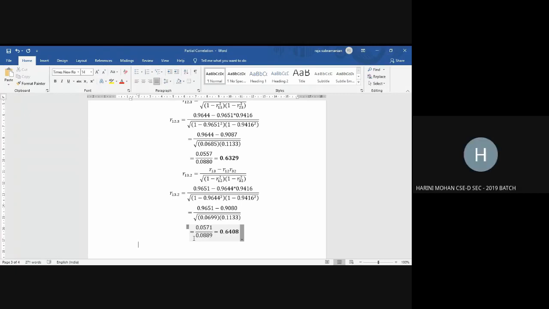Sasi, you also got the same? Sir, I got a different answer for 1 minus R12 whole square. What did you get? 0.9300 I got. 0.9300 is a very big number. Usha, what is your answer? I got 0.07, sir, same as that. 0.0699, sir.